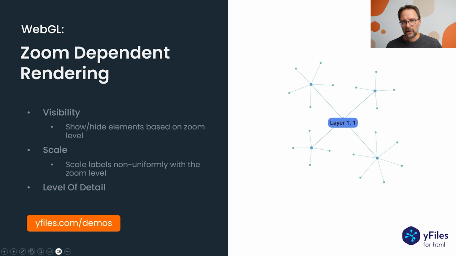And for labels, however, there's a second feature that we implemented that's really useful. If you really zoom in a lot into a diagram, obviously the font of a label should not be zoomed along with the actual scaling level, because that would first result in very small text, or later on in super large text. So we made it possible to non-linearly scale the label text along with the zoom.